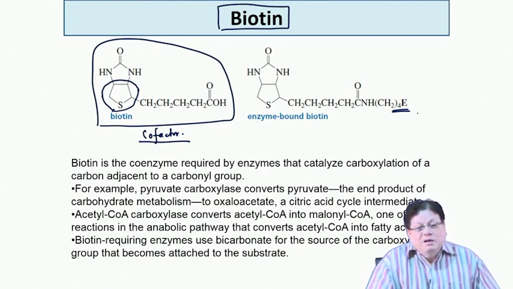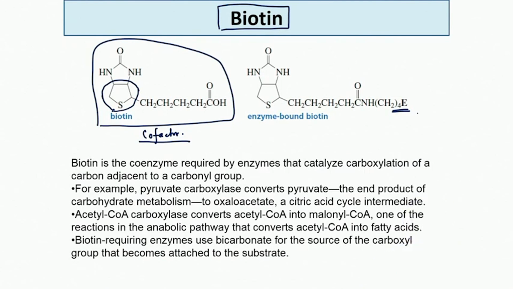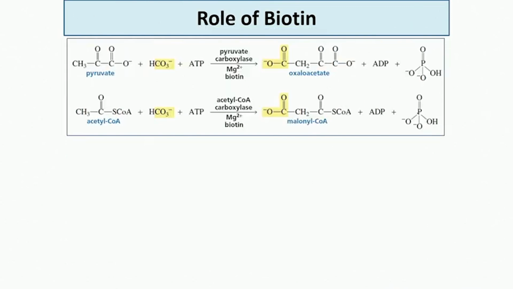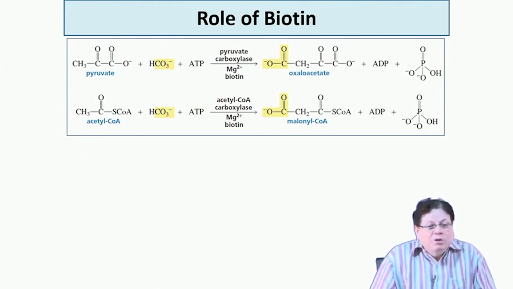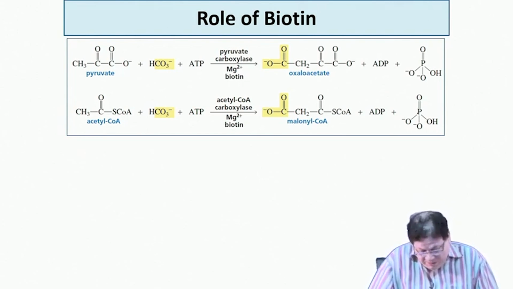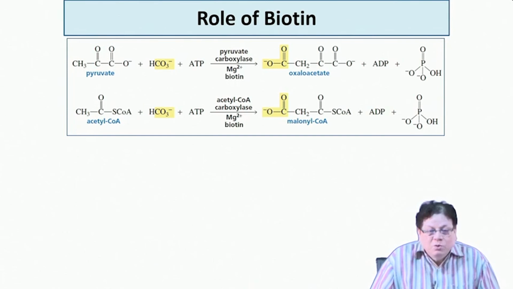In what type of reaction does it participate? Now this is very important. Again, all the vitamins are very important because they lead to these coenzymes, and coenzymes are responsible for various metabolic activities in the body, which are absolutely essential.